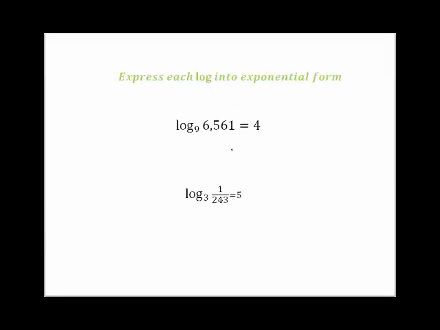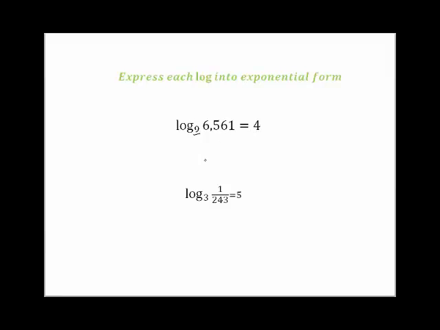Here are two expressions, and we're going to change them into exponential form. This particular one has a base of 9. Remember, we read that as log to the base 9 of 6,561 equals 4.